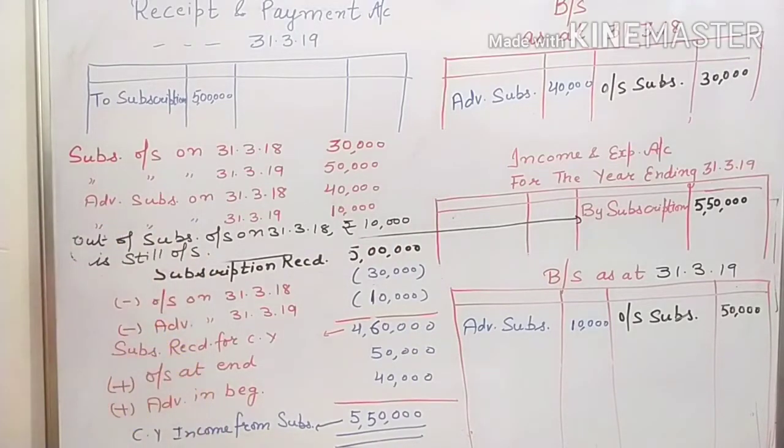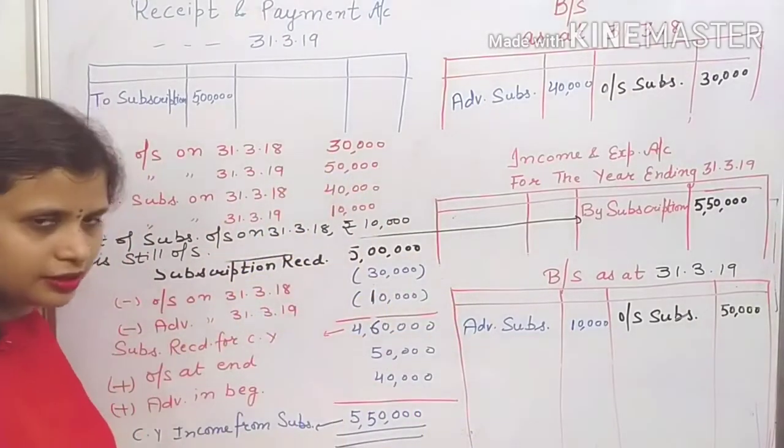Still outstanding means it is still outstanding on 31st March 2019. Then what change will you make here?